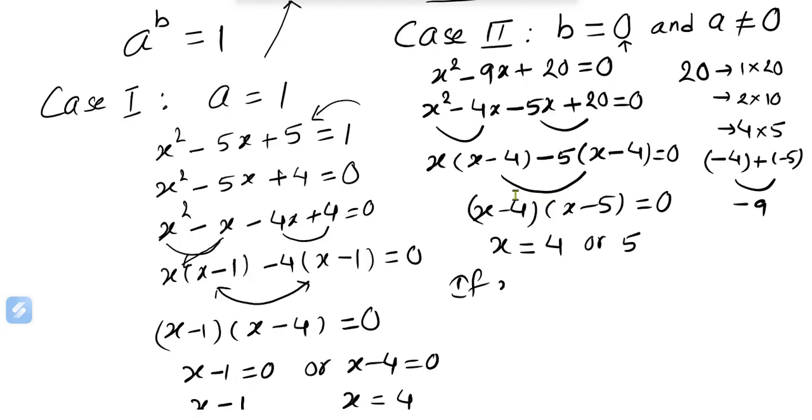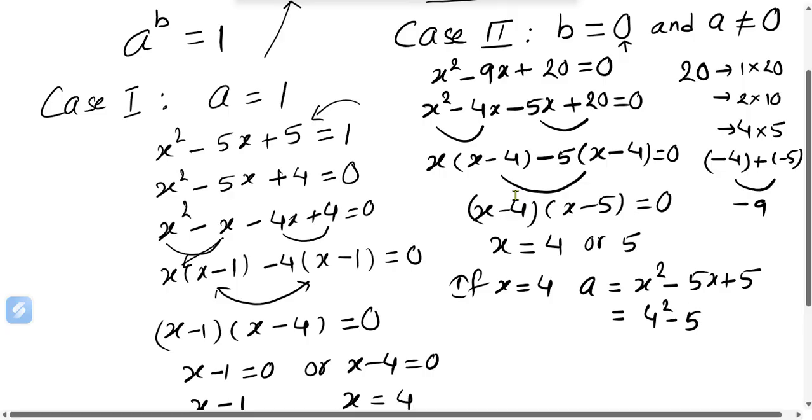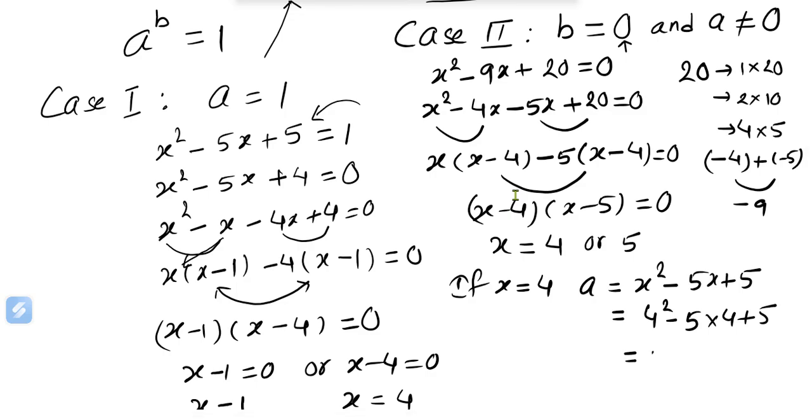Now, if x is 4, so a will be equal to x squared minus 5x plus 5, and the value of x is now 4 squared minus 5 times 4 plus 5. That simply means 16 minus 20 plus 5, which is equal to 1.